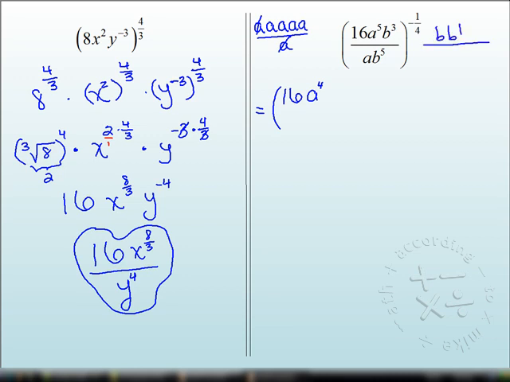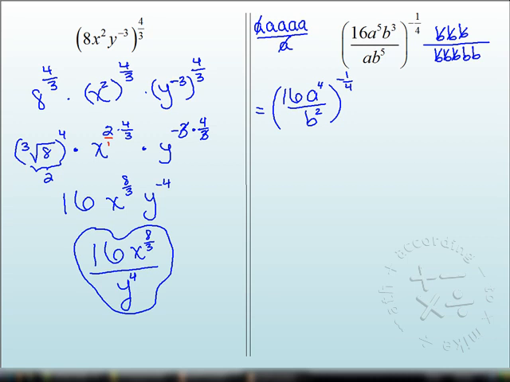We have 3 b's up top, 5 b's downstairs. So 3 of the b's go away, leaving you with 2 b's downstairs. Still all raised to the negative 1/4 power. Good. Now our inside fraction is completely simplified.